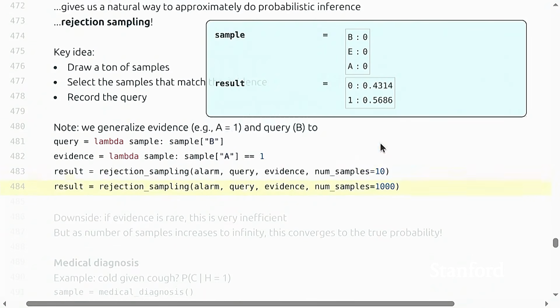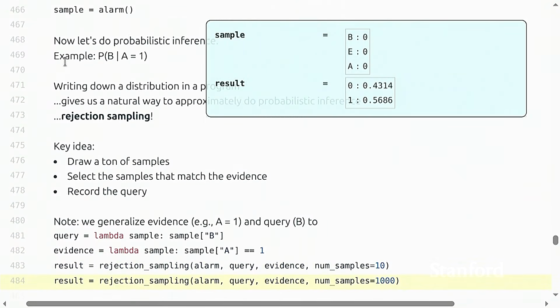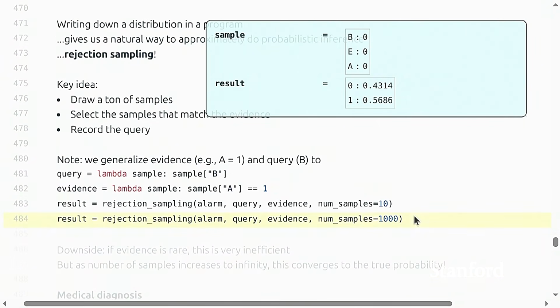So remember, the query here was the probability of B. So the probability of B given A equals 1 is 0.56. Remember the true number was 0.51 or something. So it's close, but it's not exactly right because this is just a sampling algorithm.